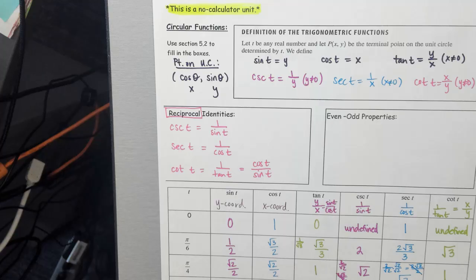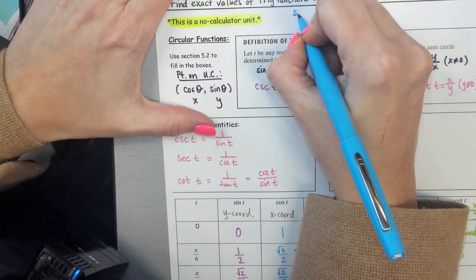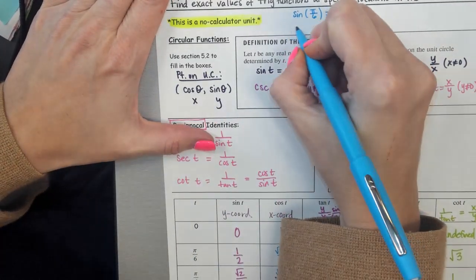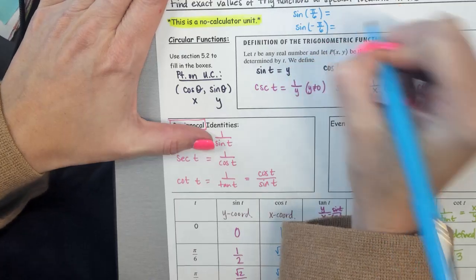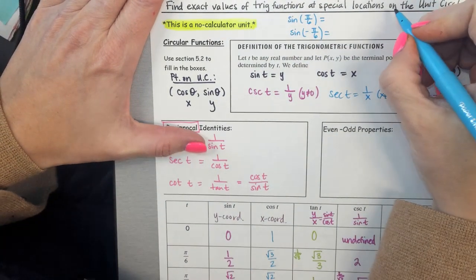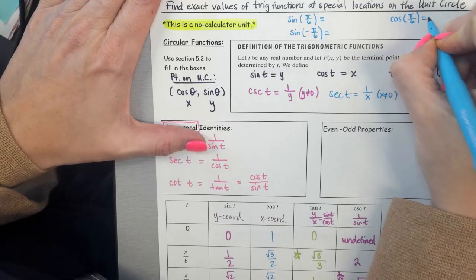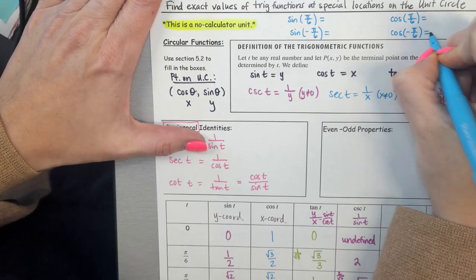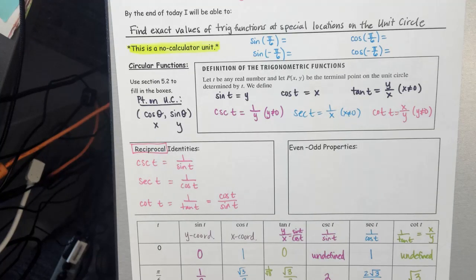Okay, so using your knowledge of the unit circle, I want you guys to write out the sine of pi over 6 and write out the sine of negative pi over 6. What would those be equal to? And then we're going to do the same thing for cosine. Okay, so what's the cosine at pi over 6? What's the cosine at negative pi over 6? Okay, and I just want you to put those right there at the top.